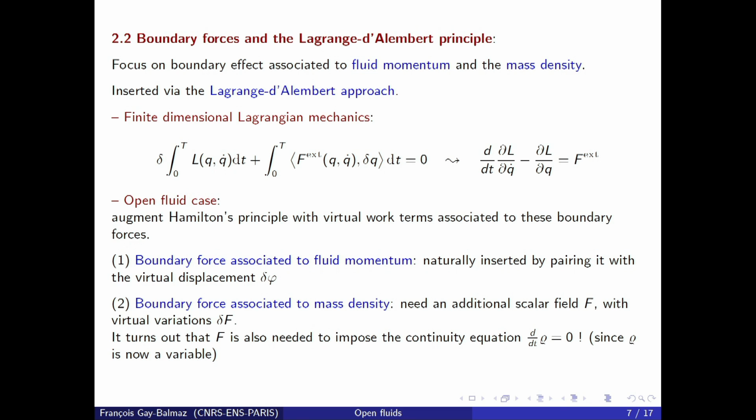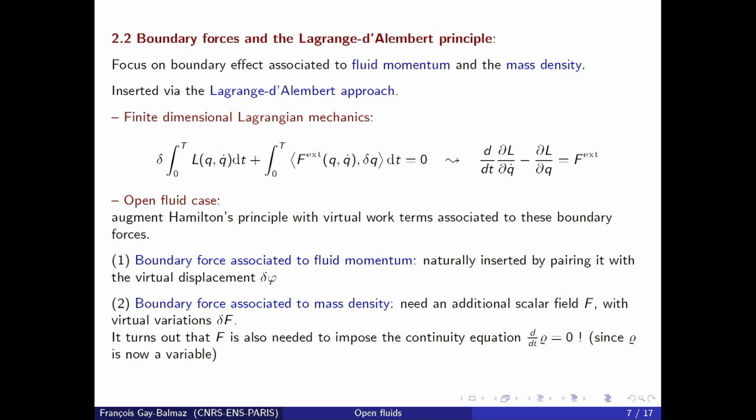So I will restrict to two kinds of, not force, but flux in my case. Related to the fact that the fluid is open, first, I allow a boundary force associated to the fluid momentum, because the fluid can go out or in, so it transports some fluid momentum. But also, since it is compressible, it also transports mass density, right?